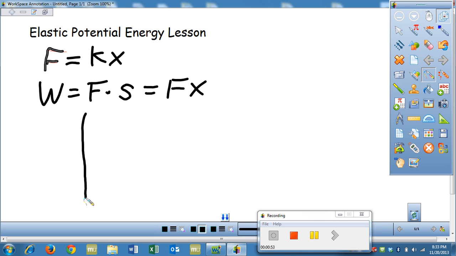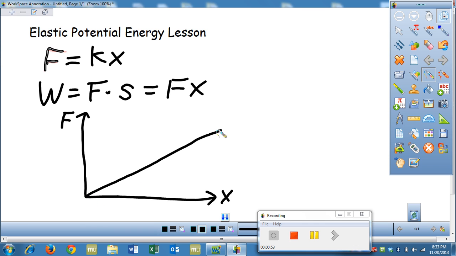So if we had a graph, and say this axis is F, and this axis is x. Remember, F equals kx. That's going to look like a line like this. F equals kx, so k is the slope.